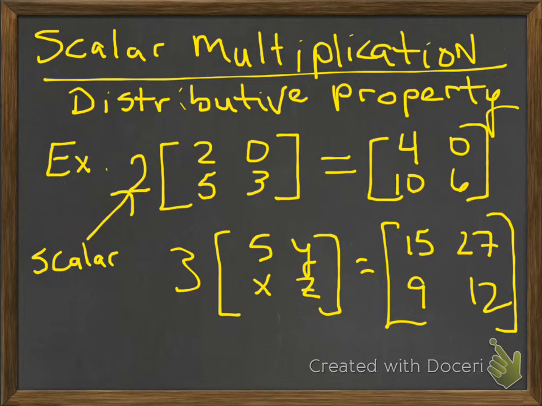Right there I'm saying, okay, what's x? 3, because 3 times 3 is 9. Then y would be 9, and z would be 4. Y'all got that? That's it.